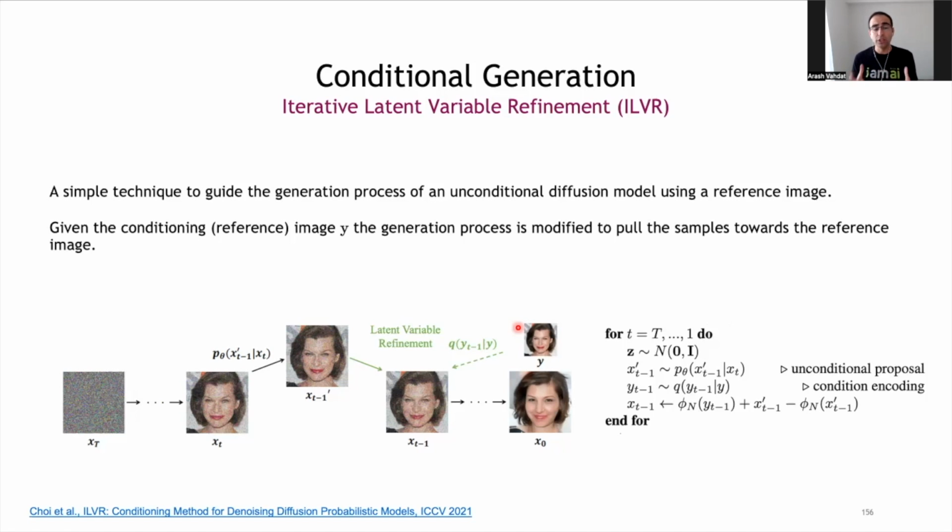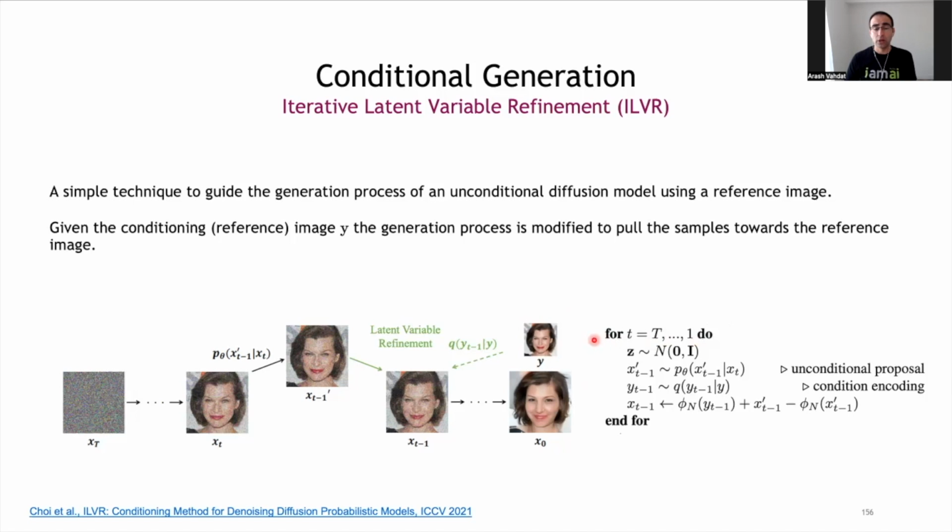The unconditional model is just trained to generate realistic faces, for example, on this slide. So the basic idea is to modify the reverse denoising process such that we can pull the samples towards the reference image. Here you have the algorithm proposed in this paper.